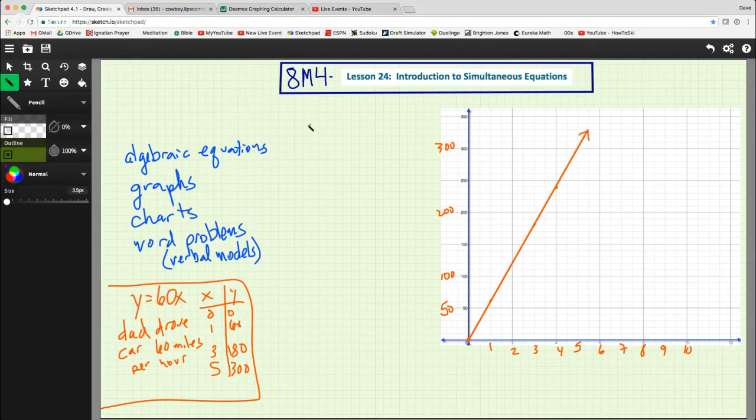And this word problem is my mom worked late. So she drove another car at 75 miles per hour.